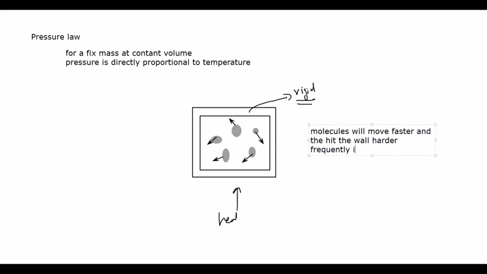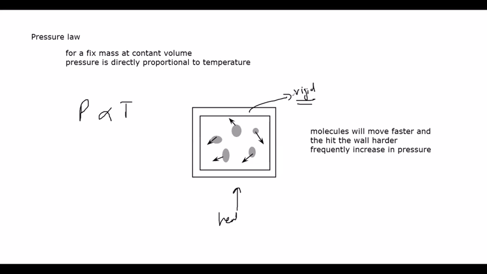This will result in an increase in pressure, or the pressure exerted by the gas molecules will increase. So this is the third law, which is also called the pressure law. What does it state? It states that pressure and temperature are directly proportional to each other.